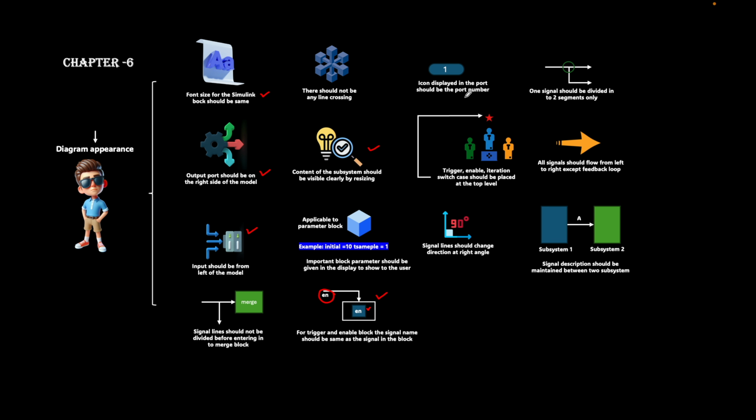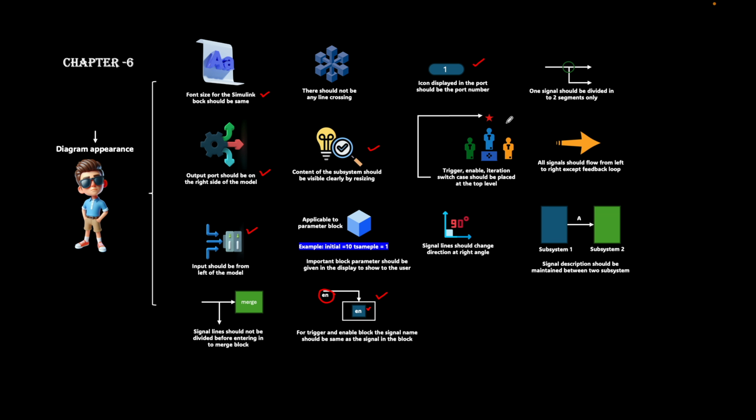Next is the display icon for the input ports or any port. The icon should be displayed. The icon displayed in the port should be the port name. Whatever icon you display for the input or output port should be the port name.